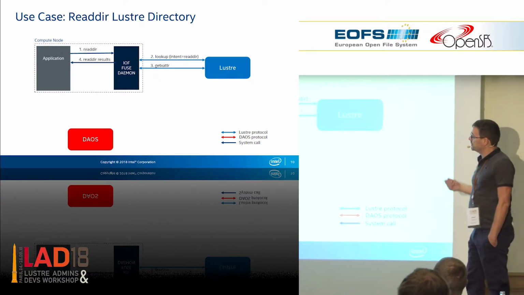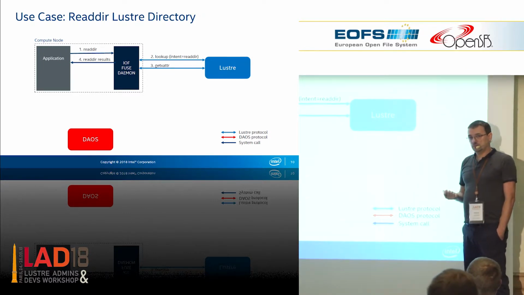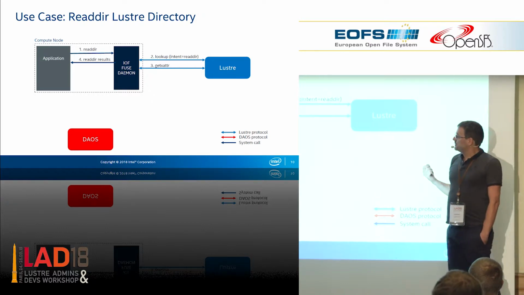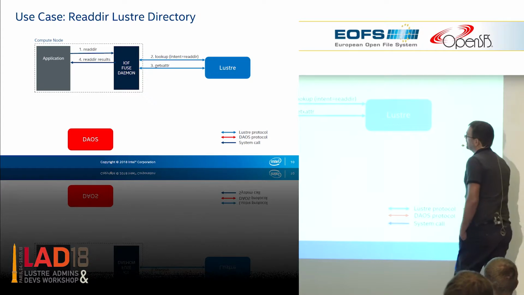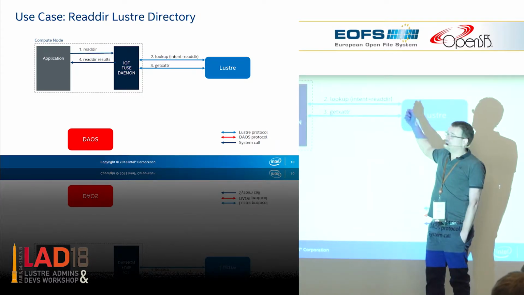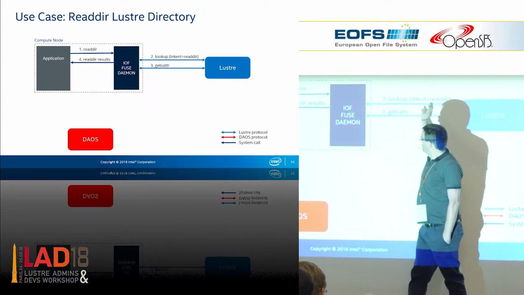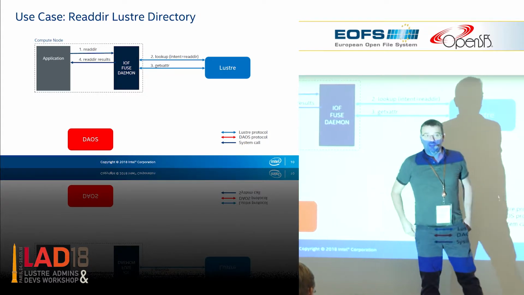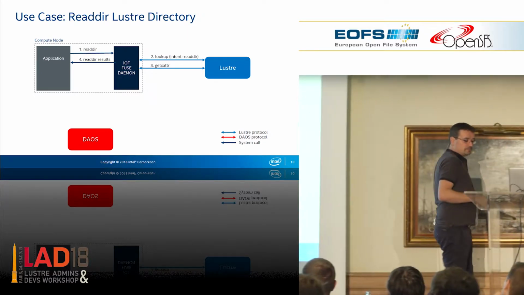But at that point, we don't really know whether it is a regular directory from Lustre or a representation of a DAOS container directory. So we're going to have to issue another getxattr to read the DAOS attribute. If there is no DAOS attribute, it's OK. We just return the content of the readdir to the application, and effectively you are just reading the content of a Lustre directory.